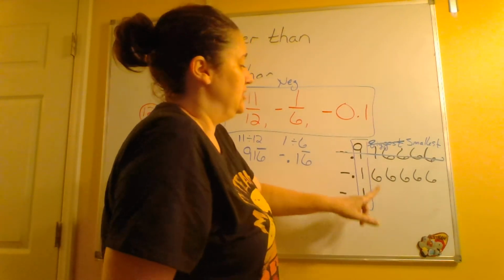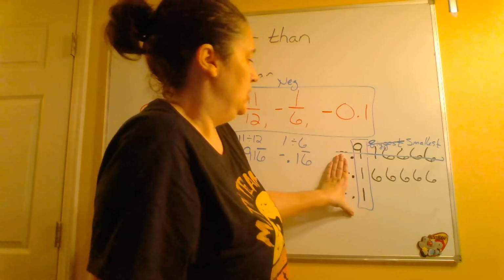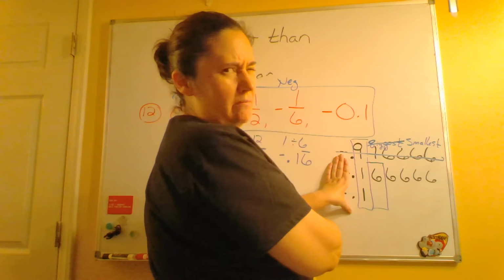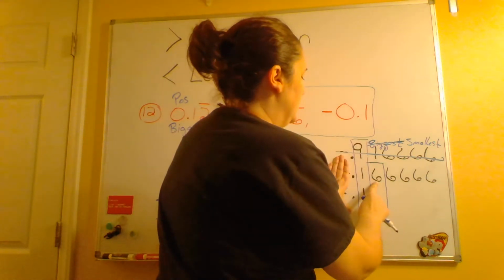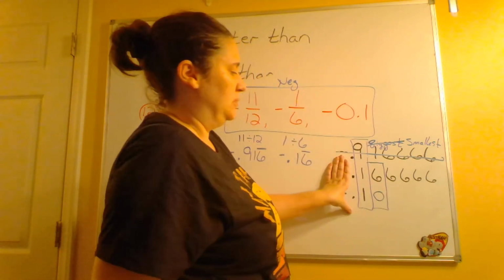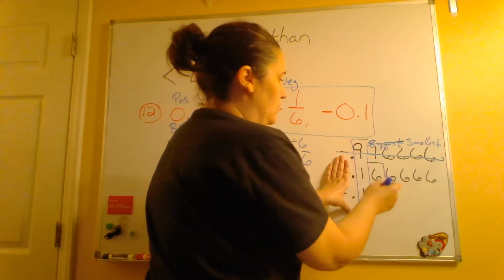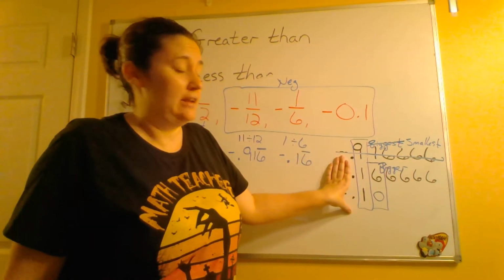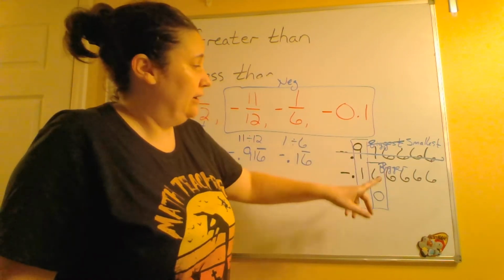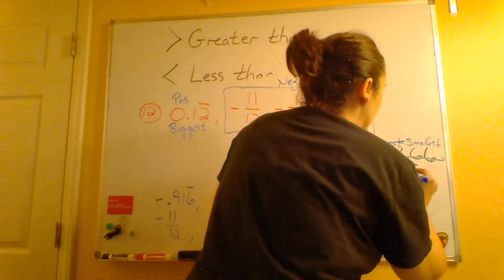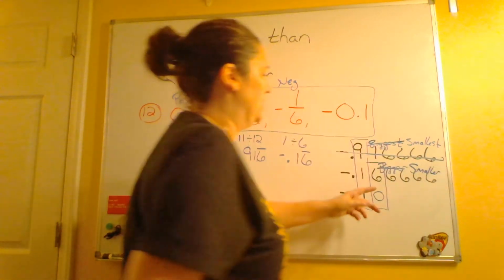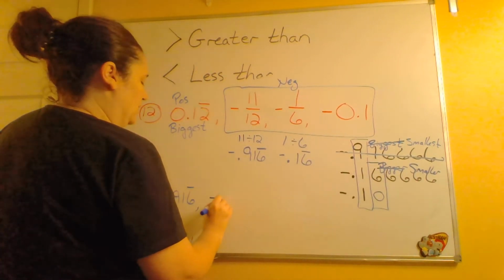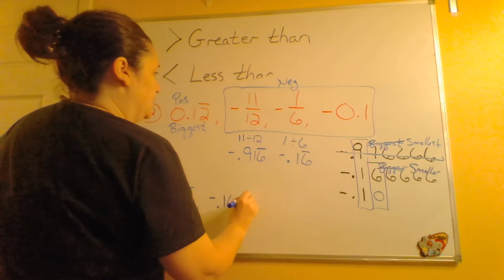Let's look at these two now to see which one is the second smallest. First, look at them without their negative signs. Look in the 100th place. 6 is bigger than this invisible 0. That means that this is bigger than that one. That's without the negative signs. When you put the negative signs on there, that bigger number becomes the smaller number. That means that this is the second smallest number on our list, negative 0.1666666666.